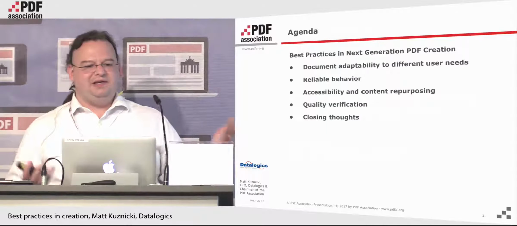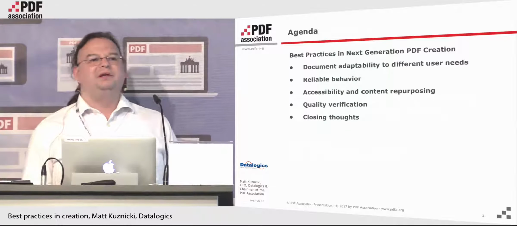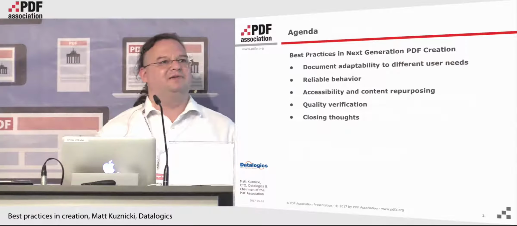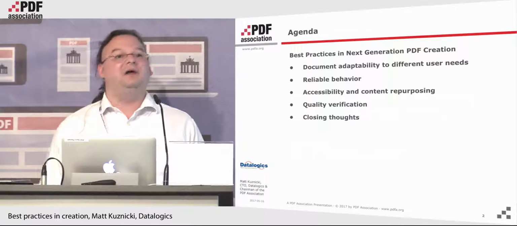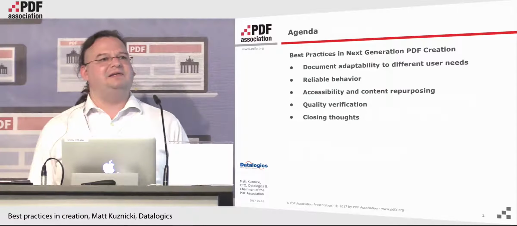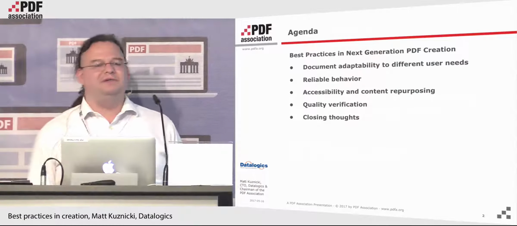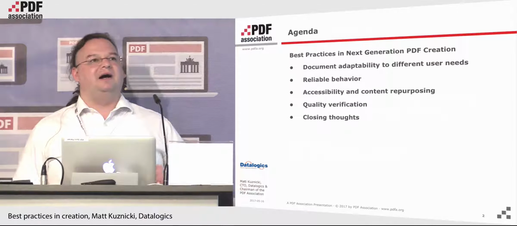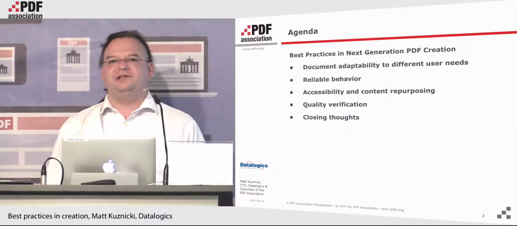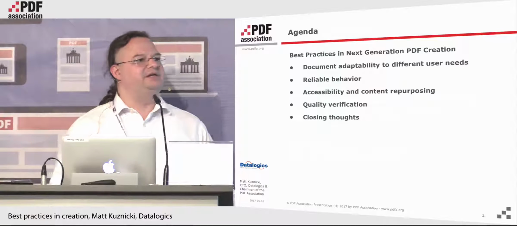So best practices, these fall into several different categories I'm going to talk about. I'm going to cover some material that other speakers have covered over the past day and a half. Forgive me, please. But I want to talk about best practices in the context of document adaptability for different user needs. Not just assistive technology, not just HTML presentation, but user needs generally.